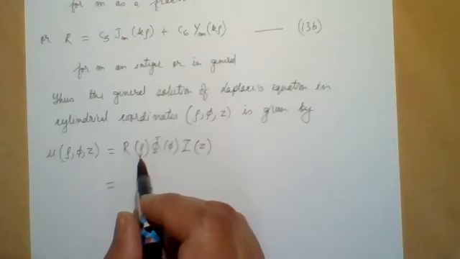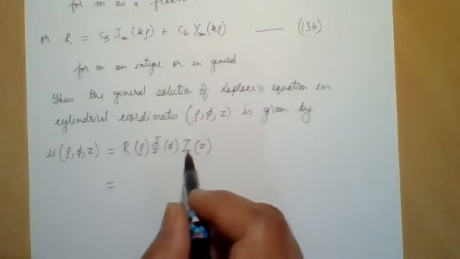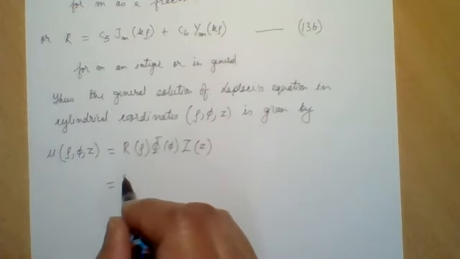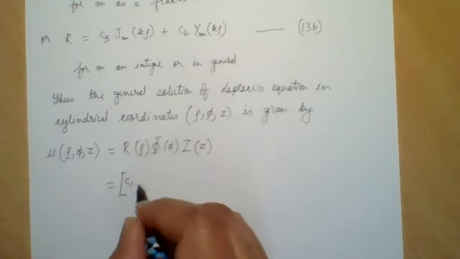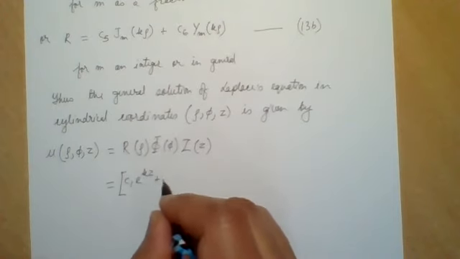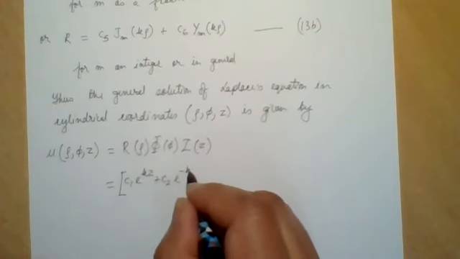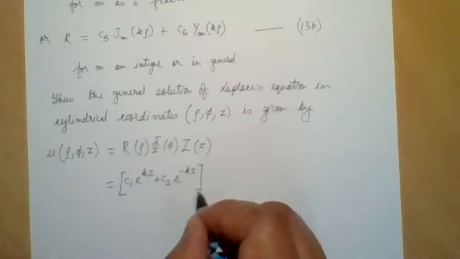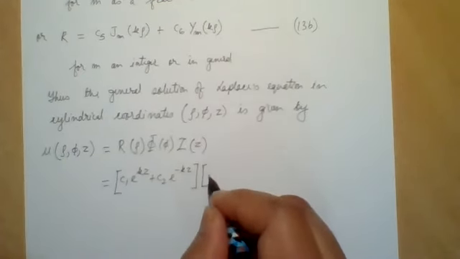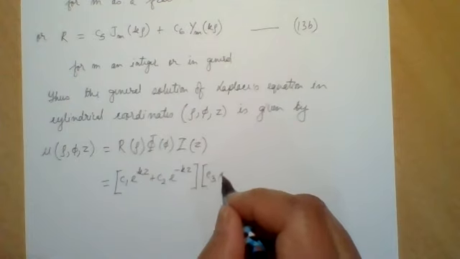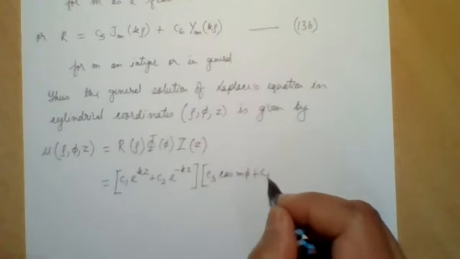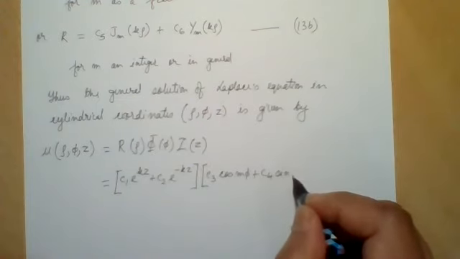So first let us write the expression for Z, and that was C1 e to the power kz plus C2 e to the power minus kz. Then the expression for phi: C3 cos m phi plus C4 sin m phi.